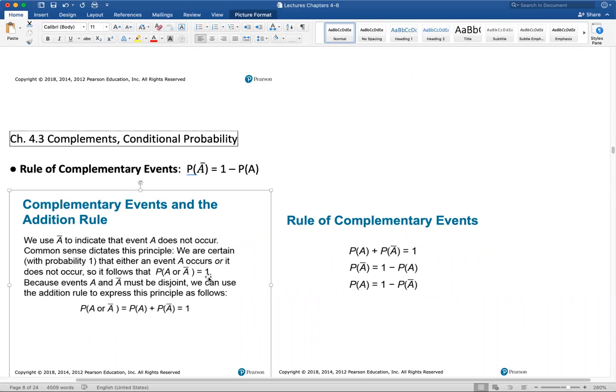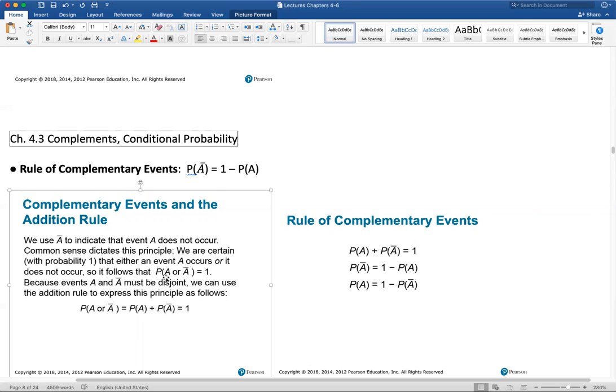Okay. So for example, when you're just tossing a coin, let's say event A represents that you got head. Then A bar means that you get not head but tail, right?